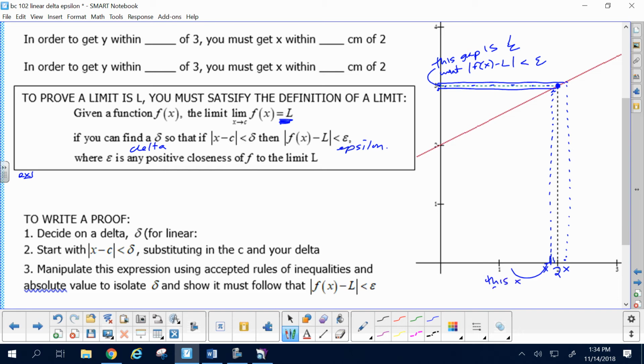Now this gap here is delta. And delta and epsilon, on lines, relate through the slope.